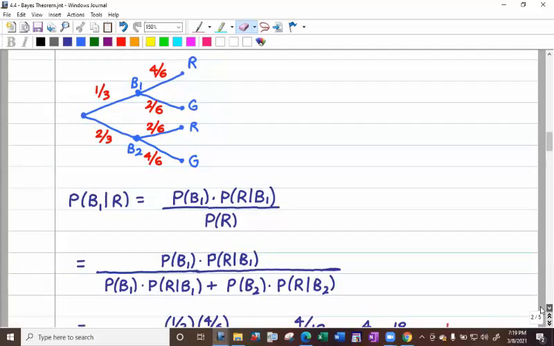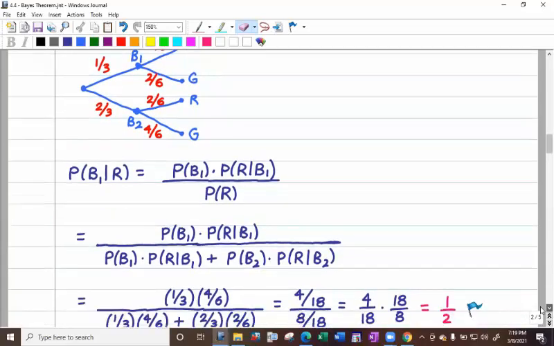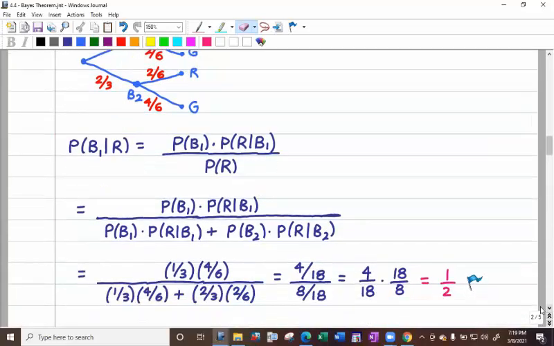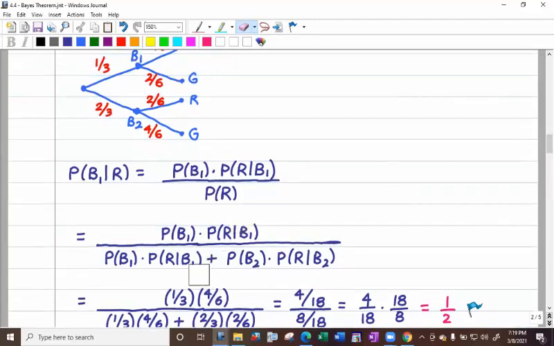Now let's come down here and look at the numbers. So here's P of B times P of R given B1, which will just be the 1/3 times the 4/6. Now one thing I can tell you about this is whatever's on the top is always part of the bottom. But there's other stuff on the bottom. That's the difference.